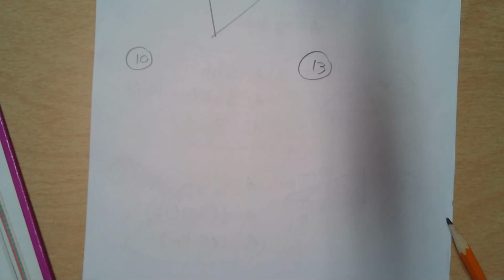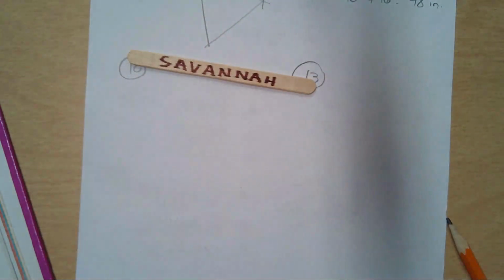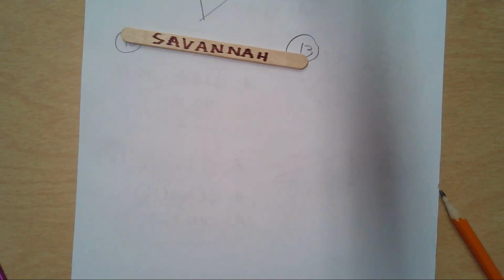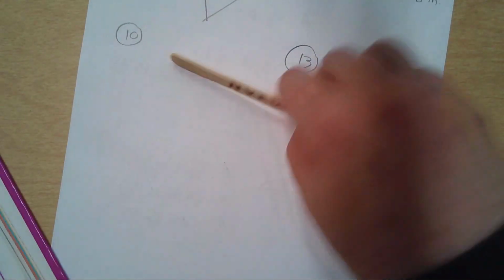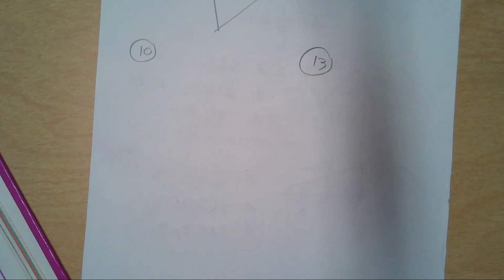All right, number 10, what's the area, Savannah? 42 and 84 hundredths. If it was a parallelogram, that was correct, but it is a triangle, not a parallelogram. So the triangle, Damien? 10. Square, 42.